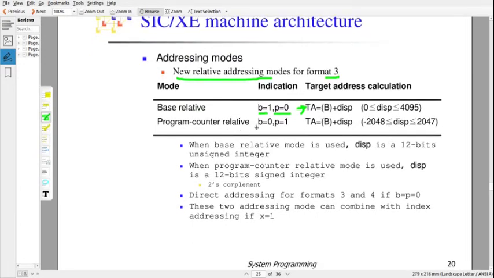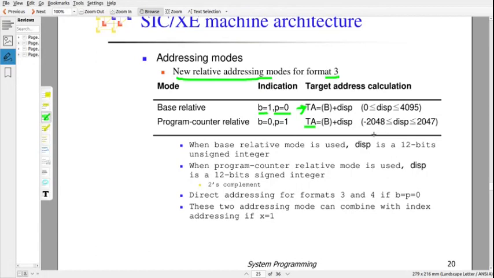For the program counter relative addressing mode of the format 3 instruction, the target address is the base register plus displacement, where here the base register is the program counter. So with respect to the program counter position, you can move forward or backward.